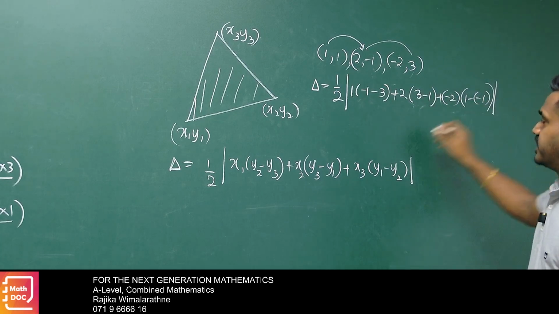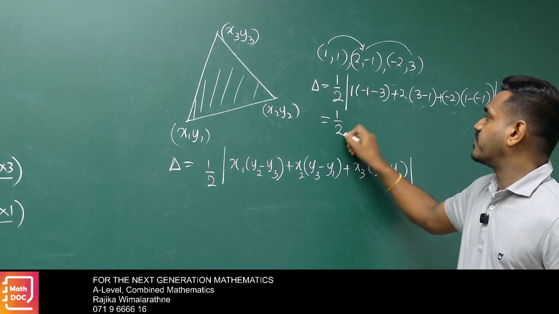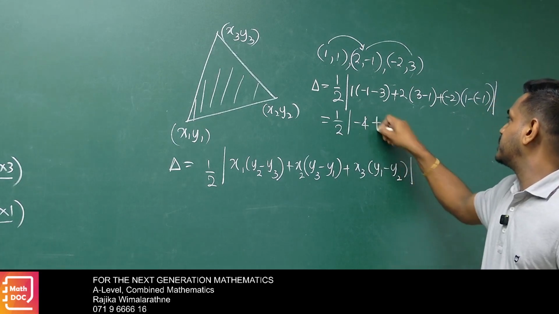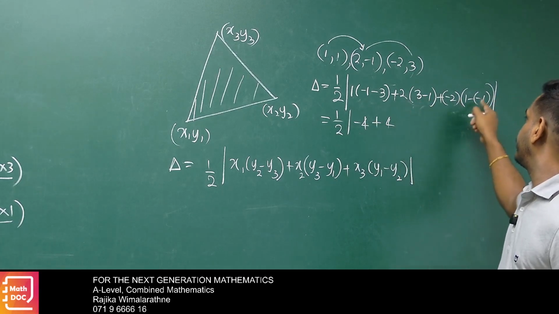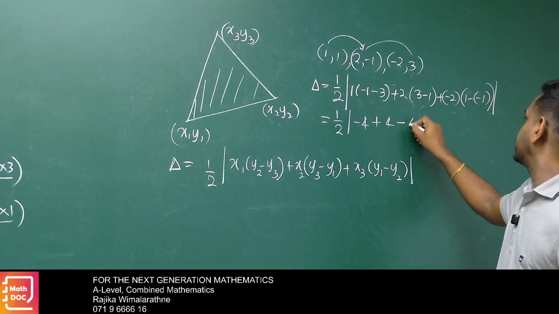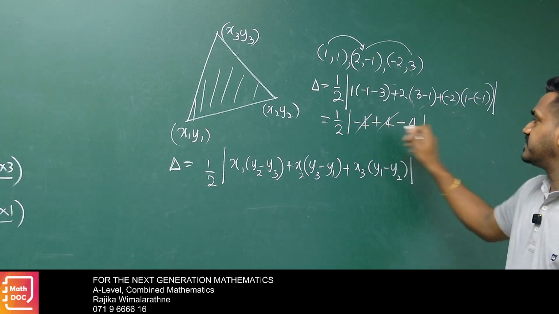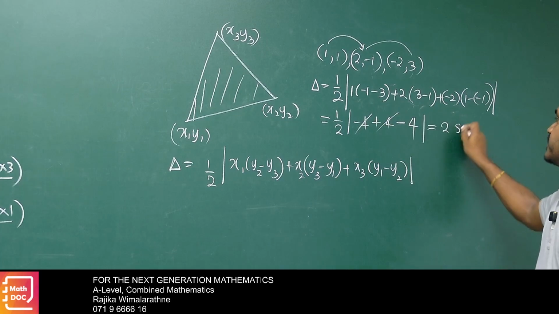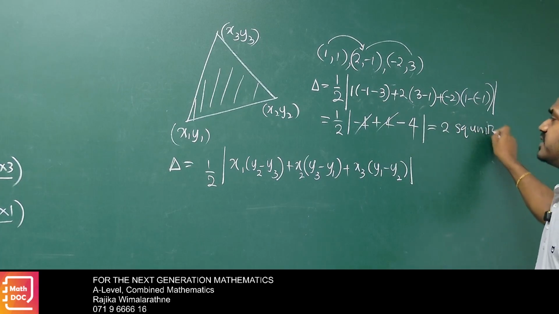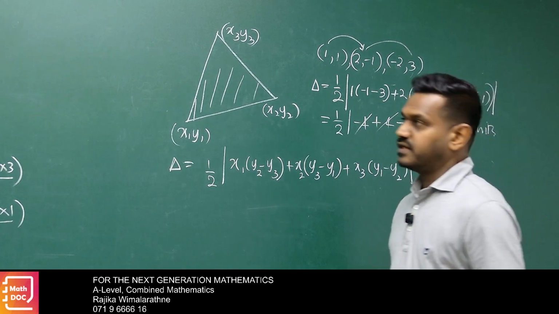That is the order. Then 1 over 2, here minus 4, here plus 4, here minus 4, no? Then modulus of minus 4 plus 4, then 2 square units. Likewise, we can find the area, okay?